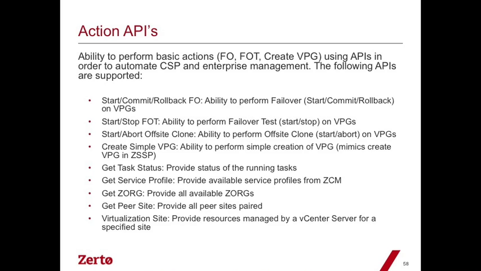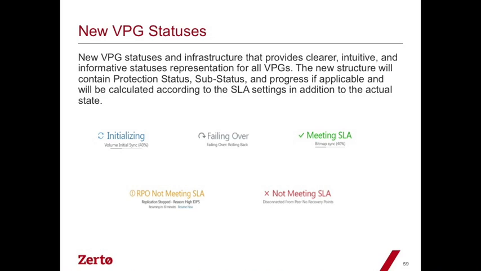You can also provide resources managed by vCenter Server for a specified site. These APIs go along with the reporting APIs that are in previous versions to give a really robust stack of API capability.